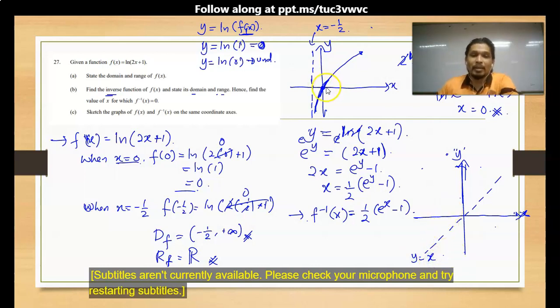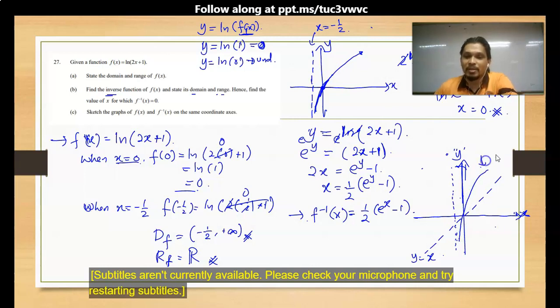Now the graph of this intersects at negative half here, something like this.